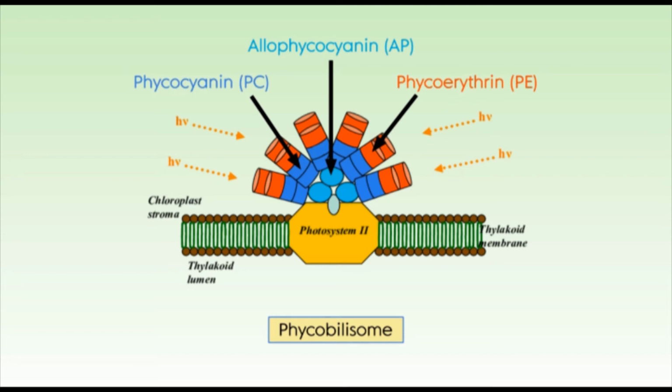The energy of photons absorbed by PE or PC is conveyed through AP, which is a phycocyanobilin binding protein, to chlorophyll A of the reaction center by exciton transfer. Phycobiliproteins then pass the light energy to chlorophylls for photosynthesis.